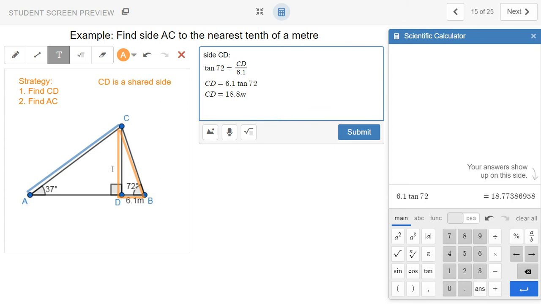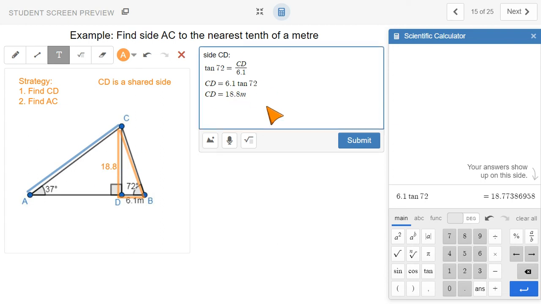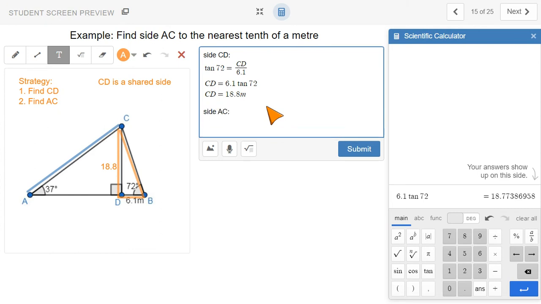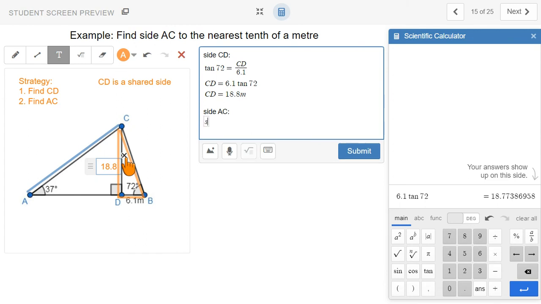Right, now that we have this, we're going to look for side AC now. AC, we have the opposite and we need the hypotenuse. So we're going to use sine.